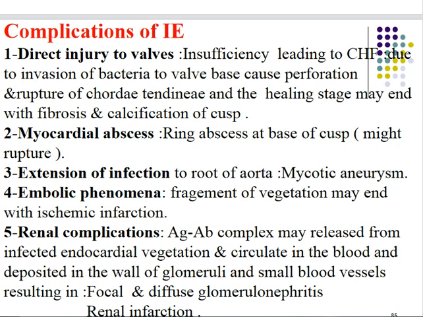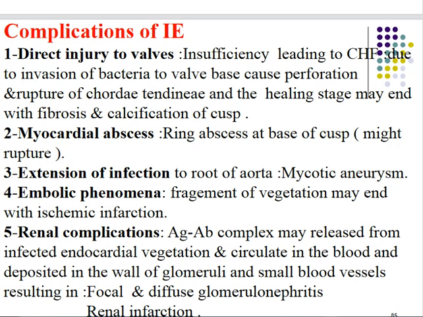The third is extension of the infection to the aortic root, named mycotic aneurysm. Mycotic does not mean fungal; it means extension of the infection, usually bacterial, toward the aorta causing an aneurysm. The fourth complication is embolic phenomena, where fragmentation of vegetation may end with ischemic infarction distally.